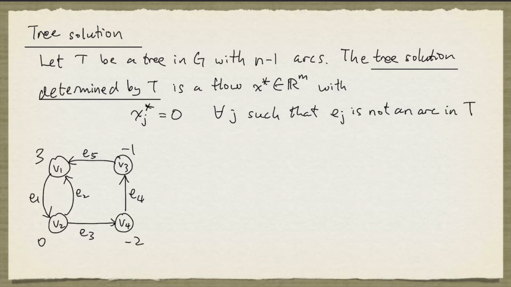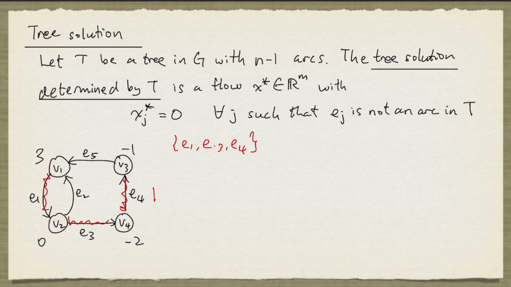So let's look at an example. Say we consider the tree consisting of the arcs E1, E3, and E4. So the arcs E2 and E5 will have to have value 0. And that means in order to satisfy the flow conservation constraint at node V3, the value on E4 must be 1.